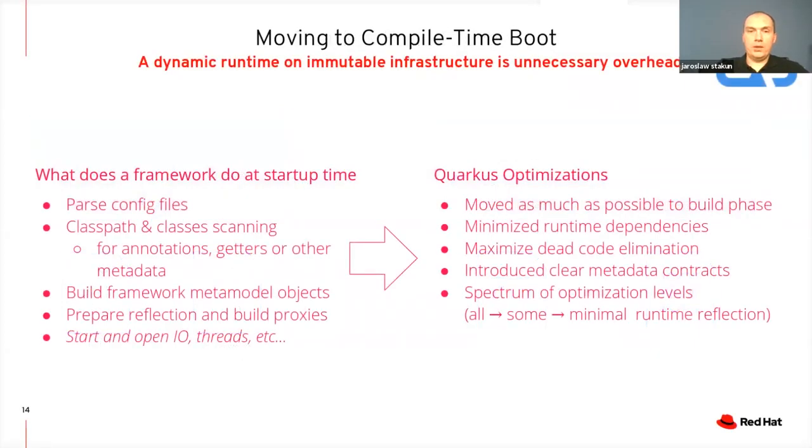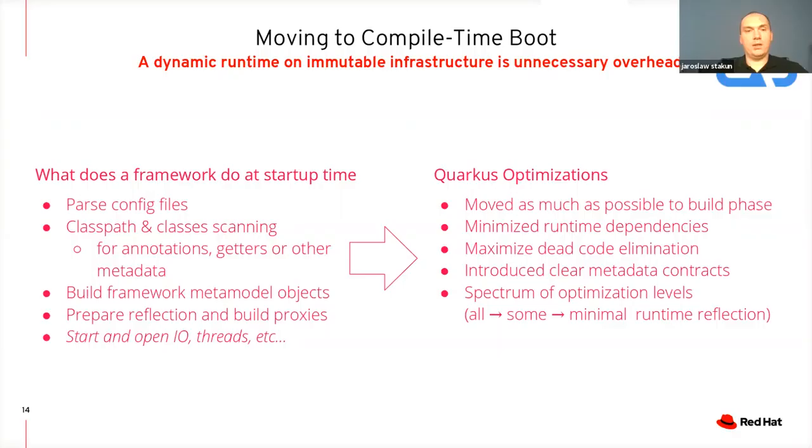The concept of ahead-of-time compilation, which is kind of key to Quarkus, is the idea that we move all the processing that is typically done by the Java virtual machine at application startup to the compilation process. So, for example, things like scanning classes and class paths, parsing config files, and other operations that are typically done at JVM startup are done by the ahead-of-time compiler.